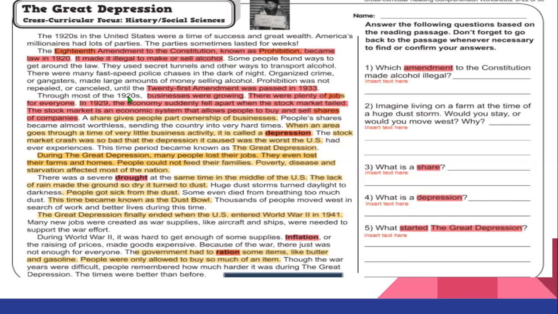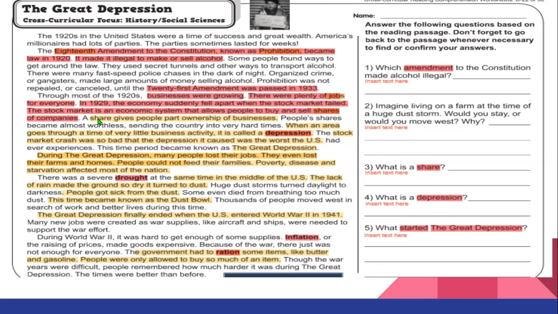Through most of the 1920s, businesses were growing. There were plenty of jobs for everyone. In 1929, the economy suddenly fell apart when the stock market failed. The stock market is an economic system, let me fix my mouse here, that allows people to buy and sell shares of companies.